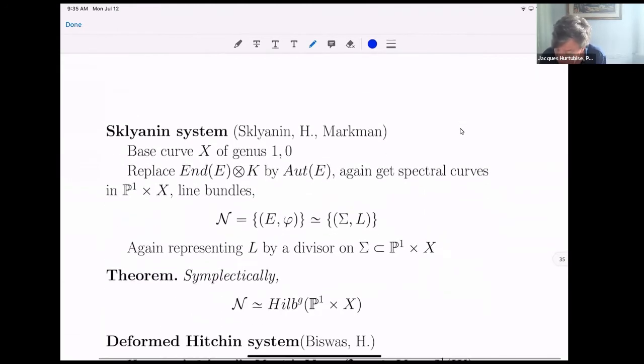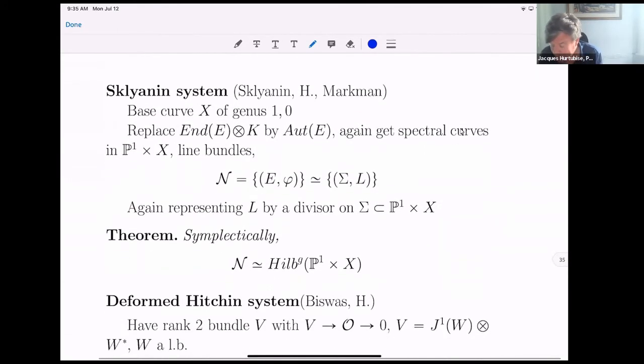We had some other examples, the Sklyanin system, that I worked on with A.L. Markman many years ago. Now you can just take your curves to be either elliptic curves or rational curves, and the endomorphisms get replaced by automorphisms. And again, you get a spectral curve and a line bundle as before.